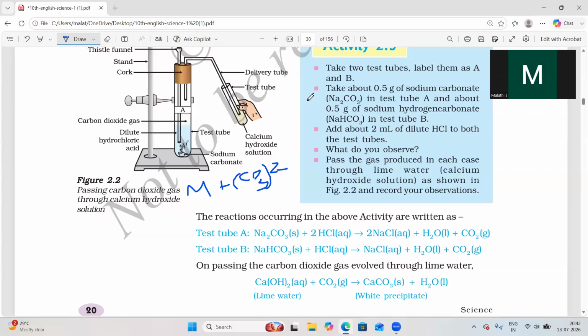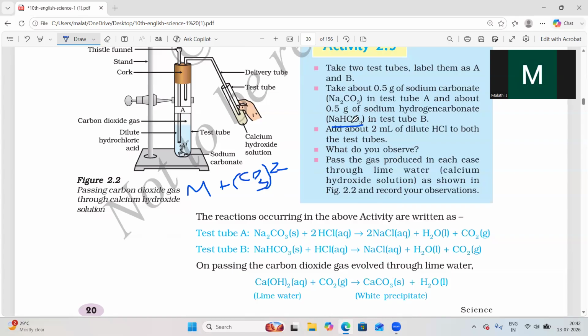Some more metal carbonates we can give are sodium carbonate, calcium carbonate, barium carbonate. For a metal bicarbonate, it is a metal with the bicarbonate. Bicarbonate is HCO3 minus 1.